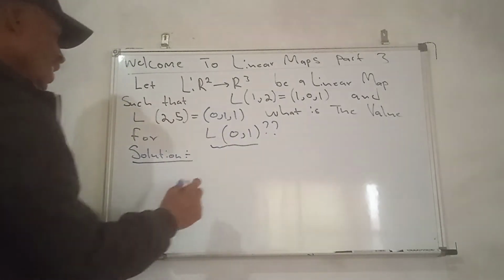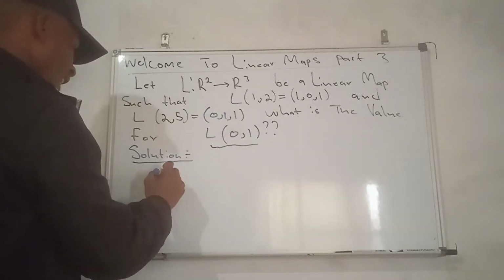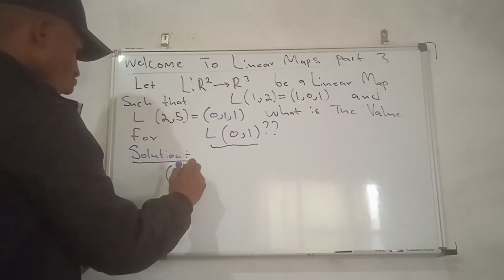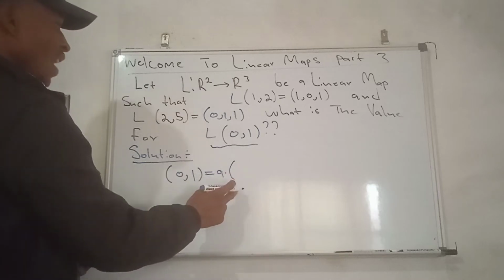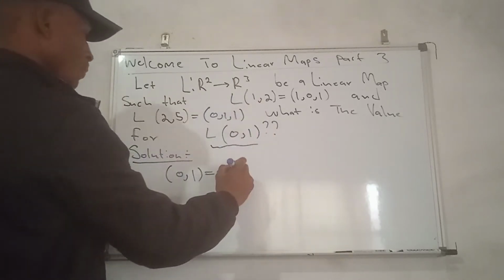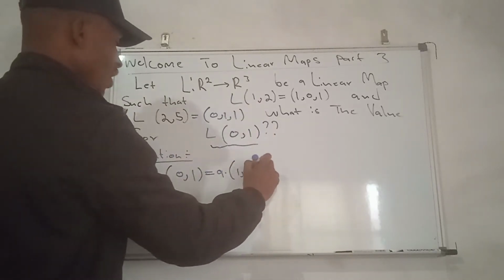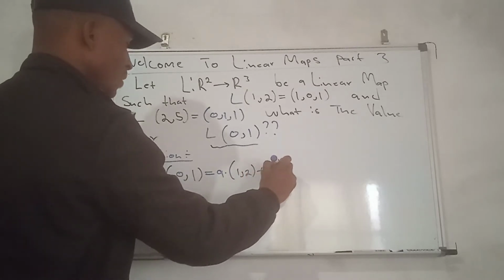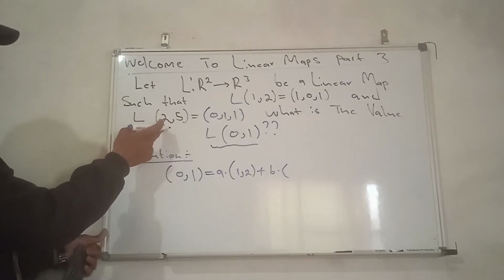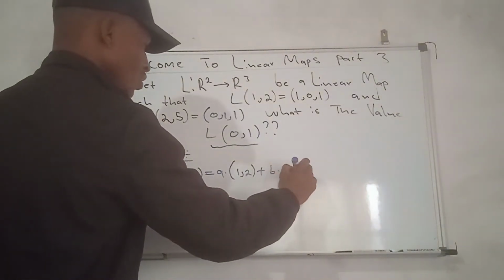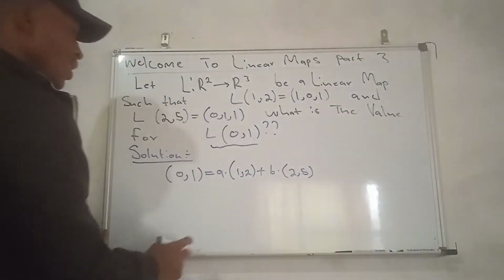But we can take this value of L and say (0, 1) equals a multiplied by (1, 2), and then we add b multiplied by (2, 5).